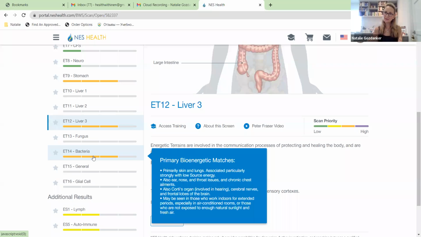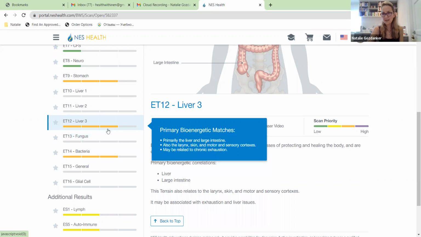They are there to decompose the ruined tissue. But sometimes when those parameters show up on the scan, it means that they're staying there a little bit longer than expected or needed.